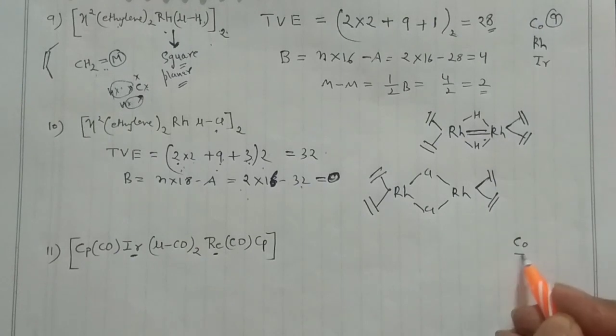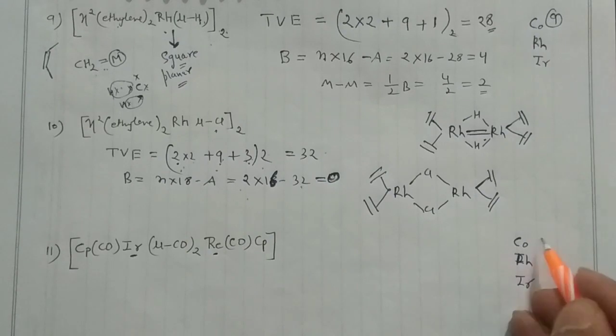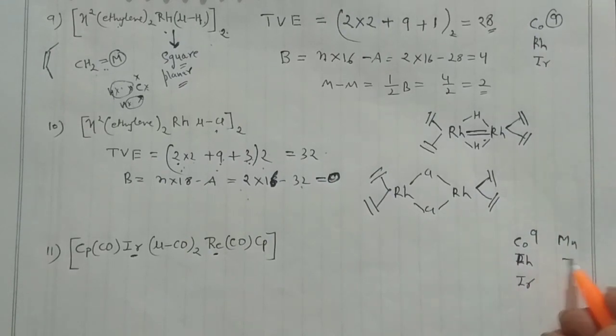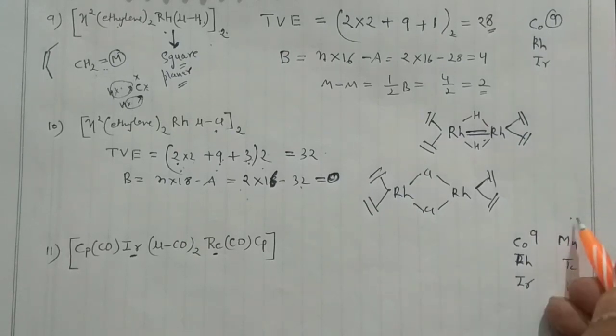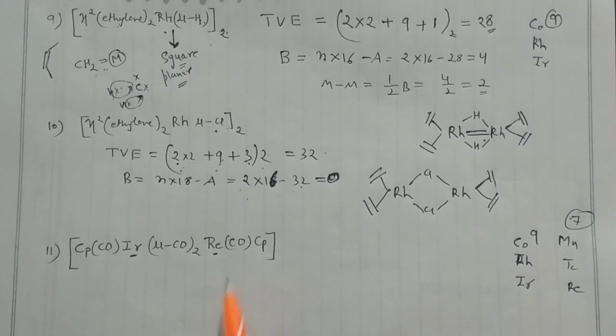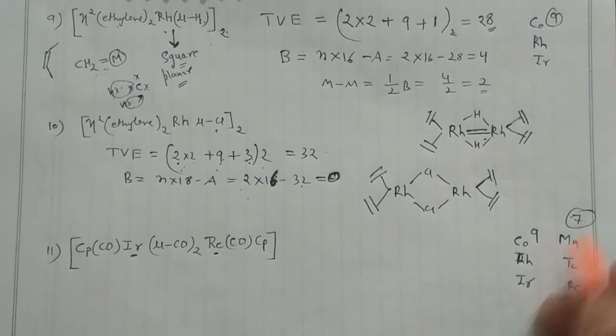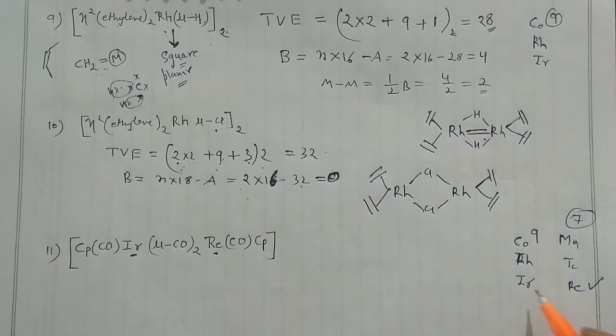I'm writing CORHIR, 9 electrons. And rhenium will give you the 7 electrons. So this rhenium will give you the 7 electrons, and this iridium will give you the 9 electrons, and then you will calculate your electrons.